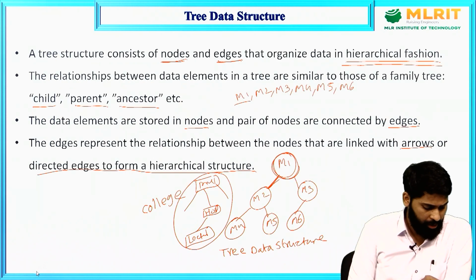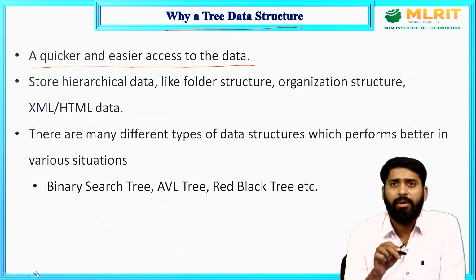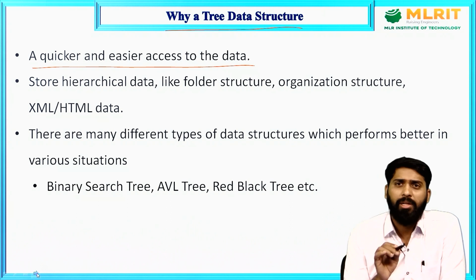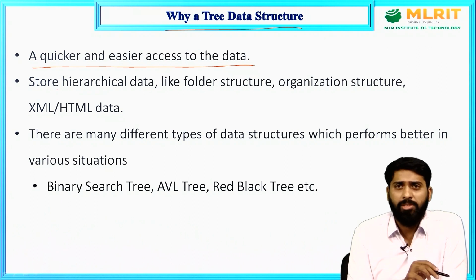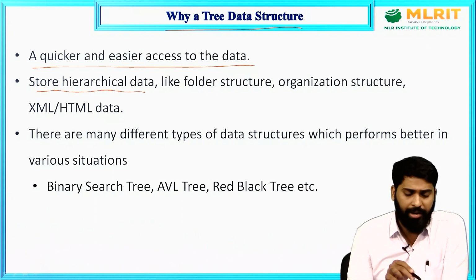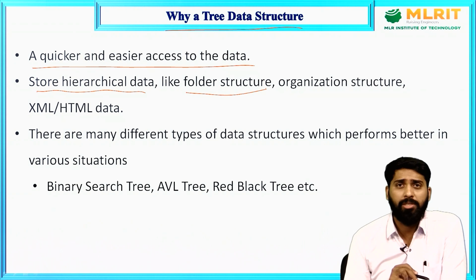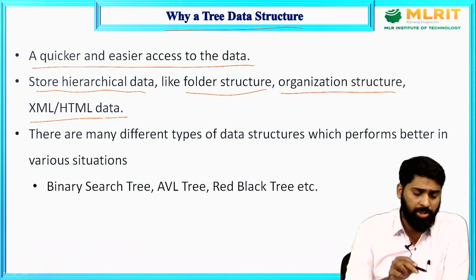But if you organize the data in a hierarchical manner, then very quickly you can retrieve the data. So, these tree data structures we use to store hierarchical data like folder structures, organization structure, and XML, HTML data.